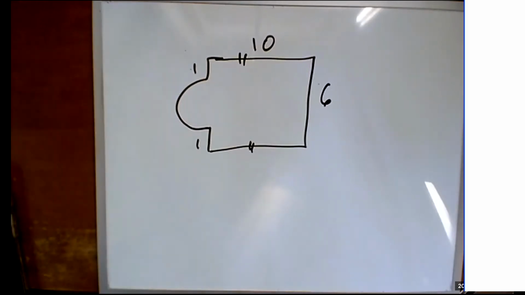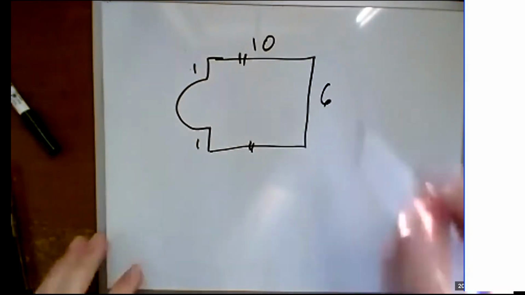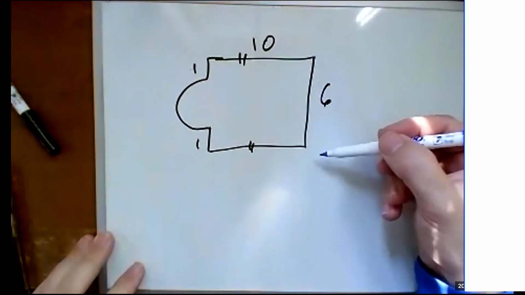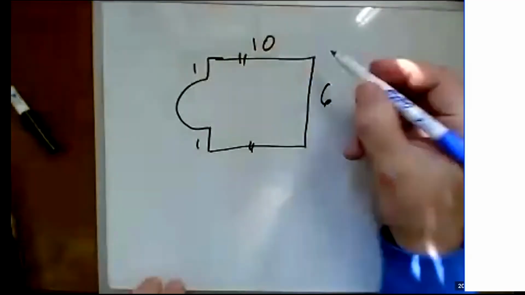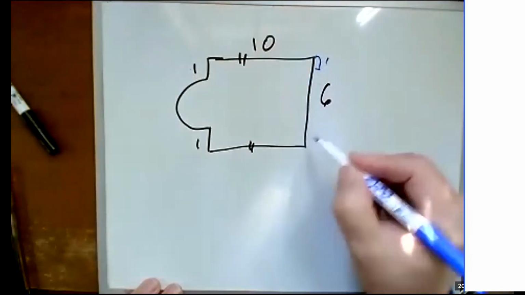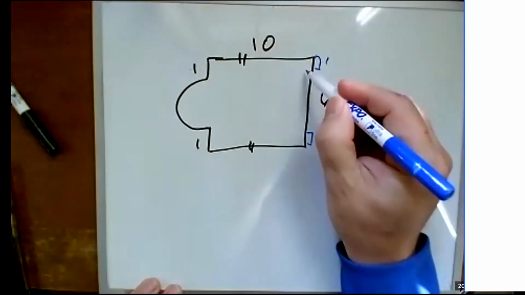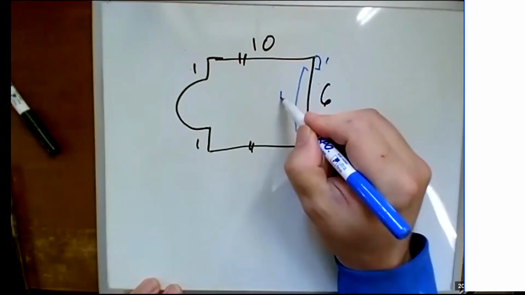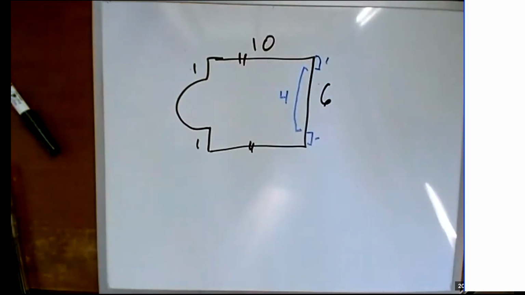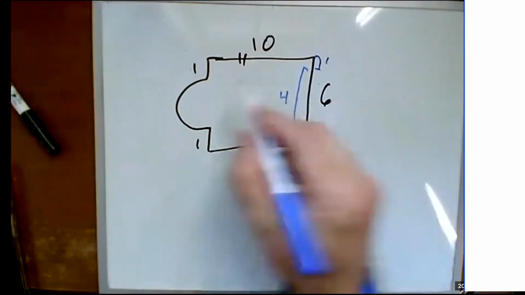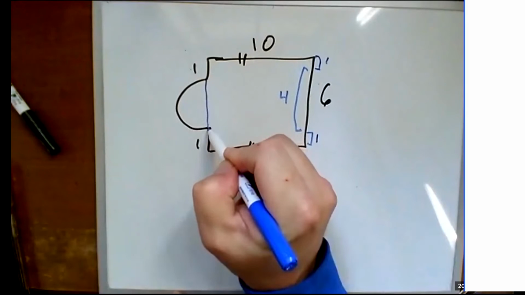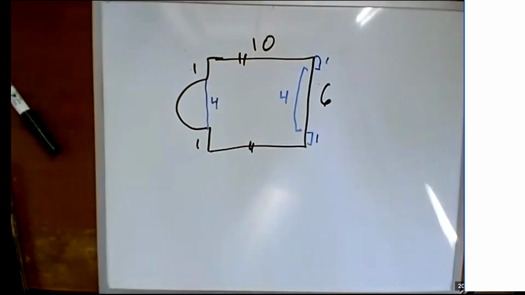So let's start to fill in all of the missing pieces that we know. This side is 6. Over here I have a 1 and a 1, which take up the equivalent of this part here being a 1 and this part here being a 1, meaning the part that's missing in between must be 4. 6 minus 1 minus 1 gets us 4. And if that space is 4, that tells us that that space is 4.